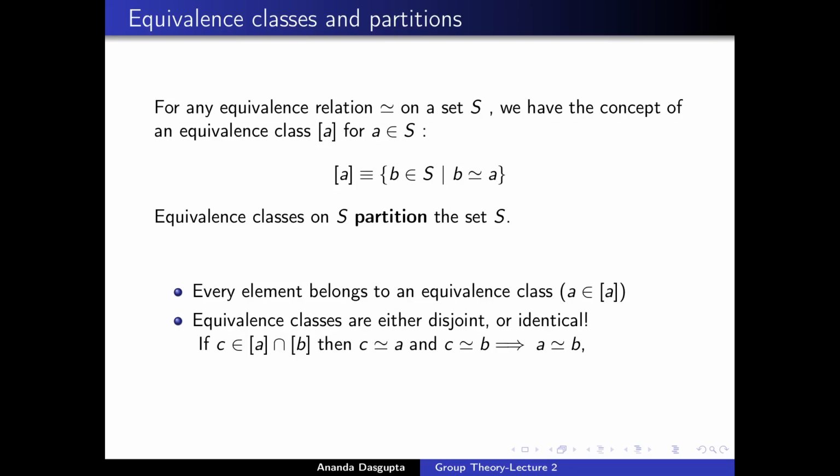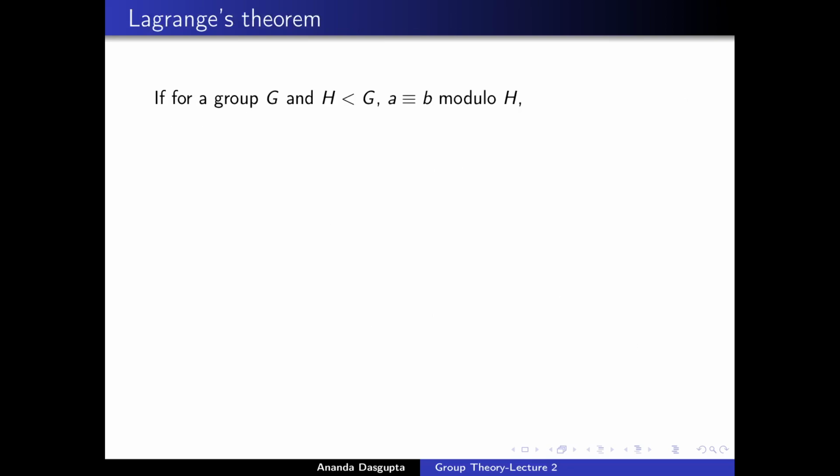So as I said, the reason why we are looking at equivalence relations all over again now is that cosets essentially arise as equivalence classes for a particular relation, and no prize for guessing which one: congruence modulo the subgroup H. If for a group G and a subset H of G, which is also a subgroup, A and B are congruent modulo H, that means AB inverse belongs to H, but that also means A belongs to the right coset HB.